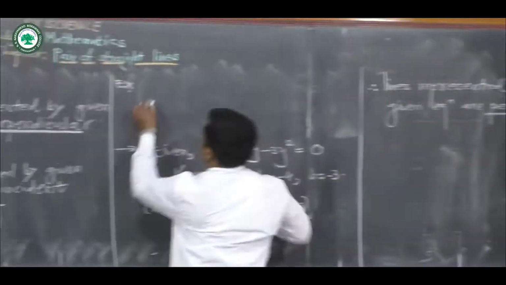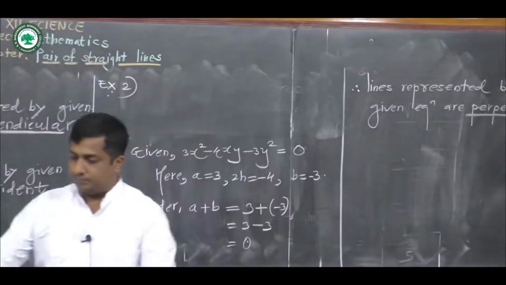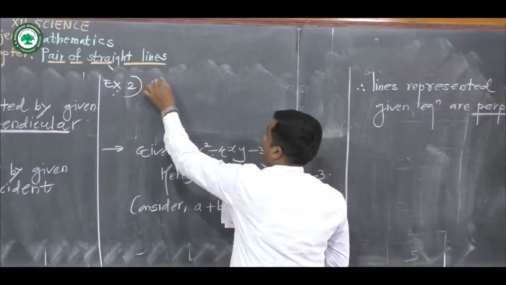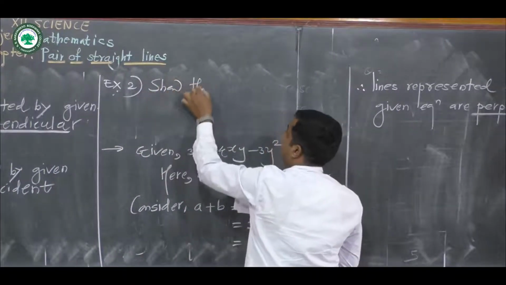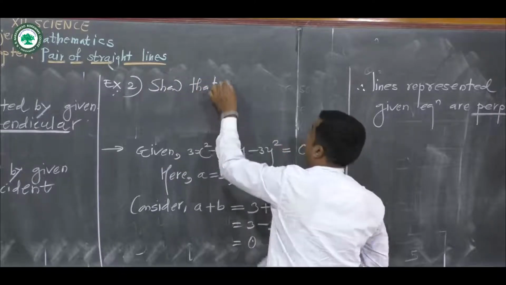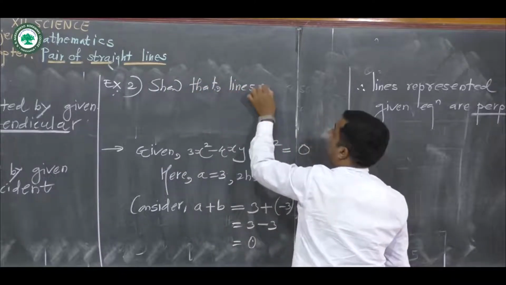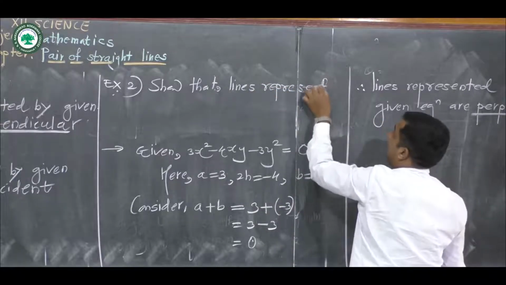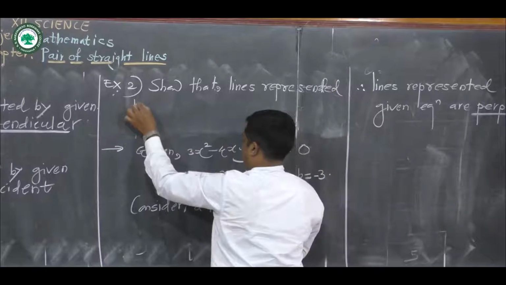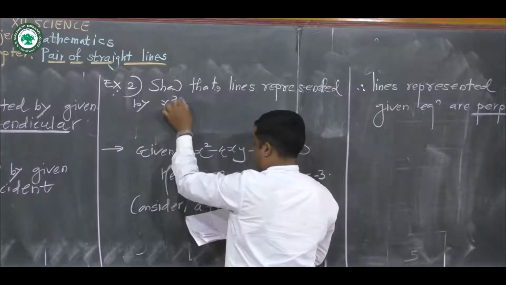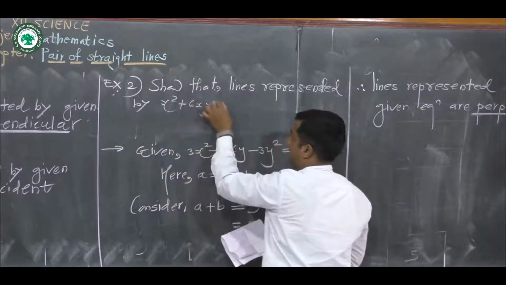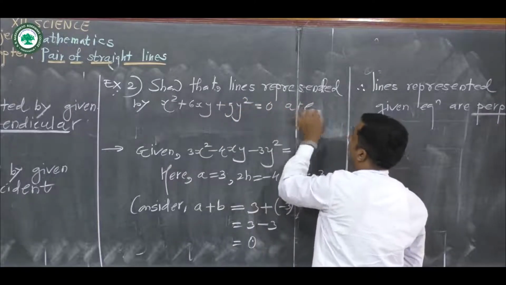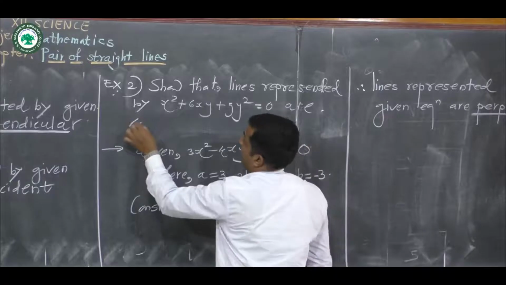In the second example, we consider show that lines represented by x square plus 6xy plus 9y square is equal to 0 are coincident.